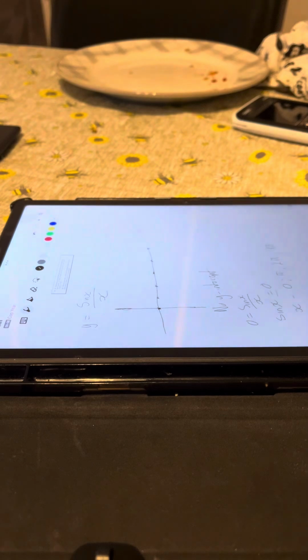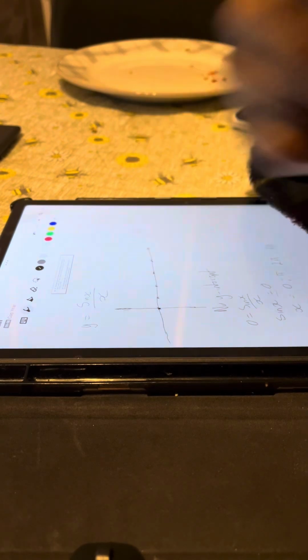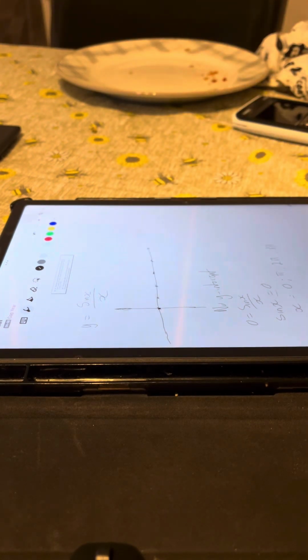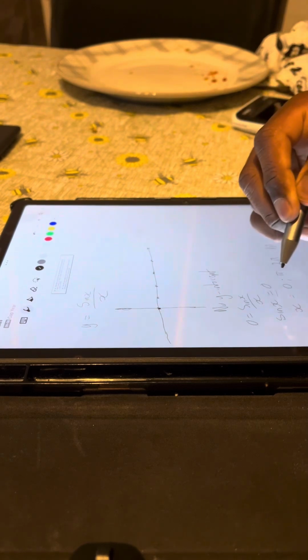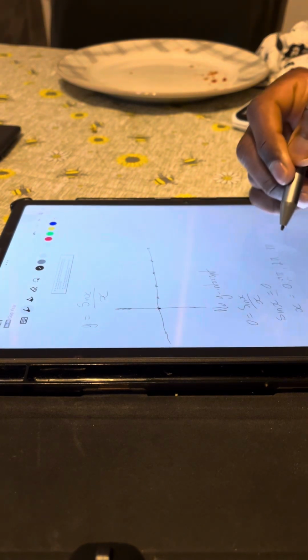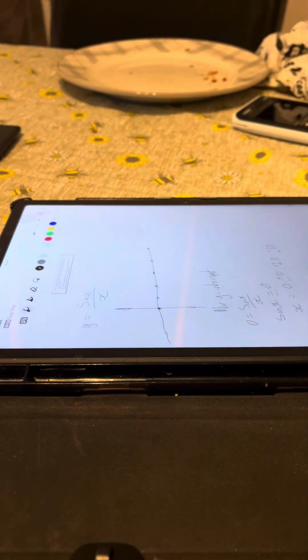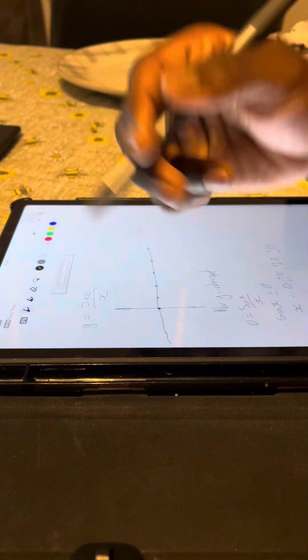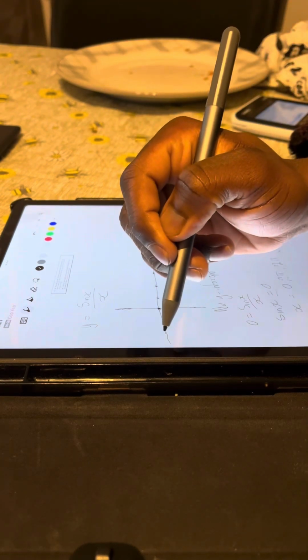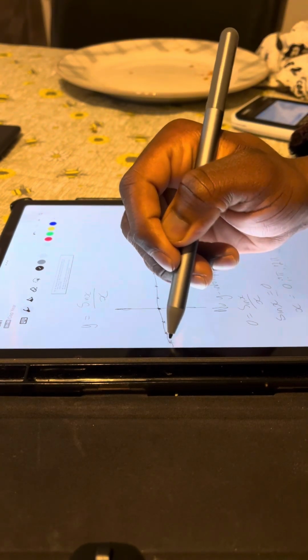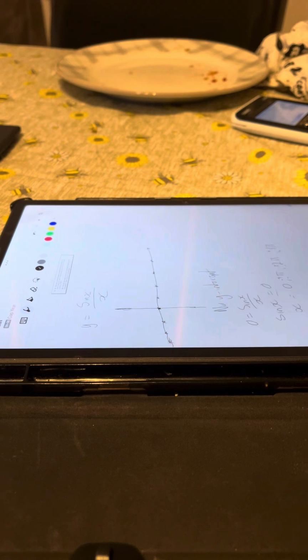Let me think about negatives as well, because that will give me negative solutions as well, because sine minus pi would give me 0, and then minus 2 pi. So yes, that also works for negatives.